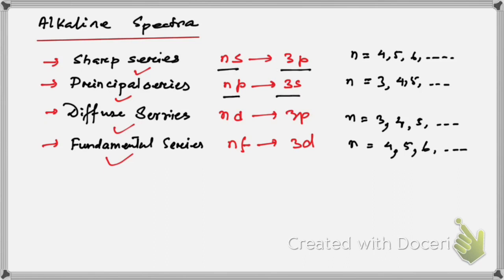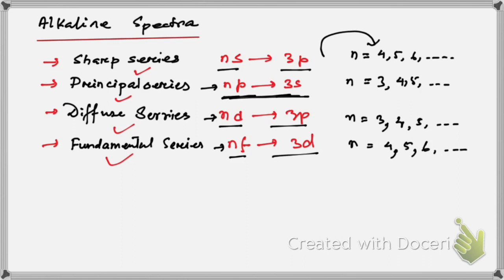In the principal series, we get transition from np to 3s. In the diffuse series, we get it from nd to 3p, and in the fundamental series, nf to 3d, right? In this case n is 4, 5, 6, and so on.